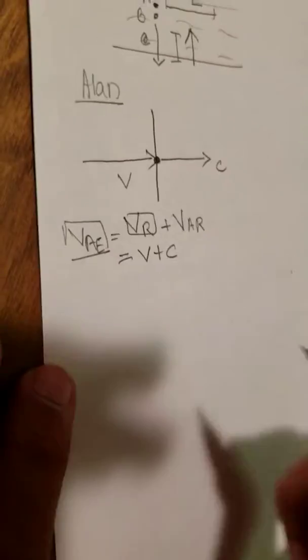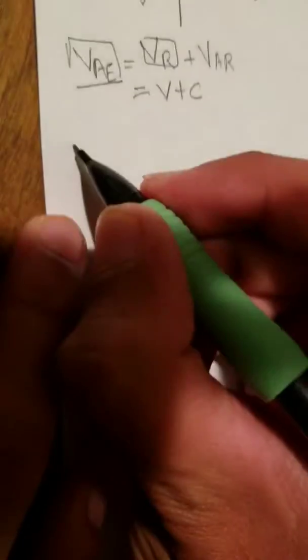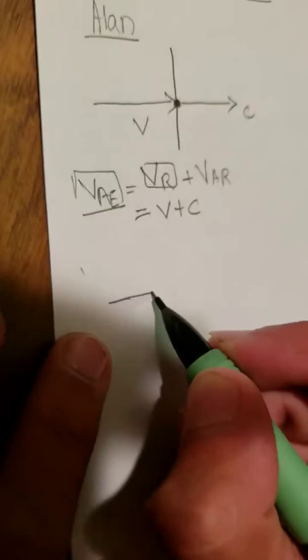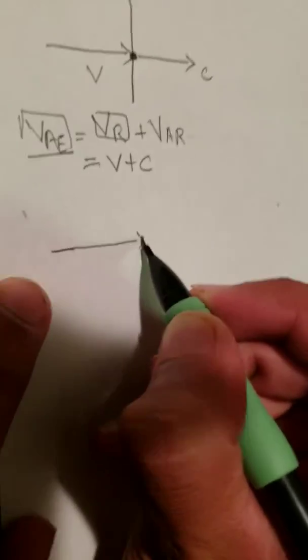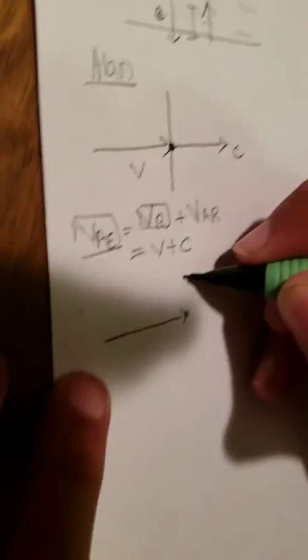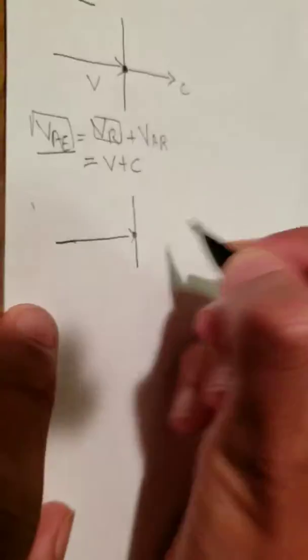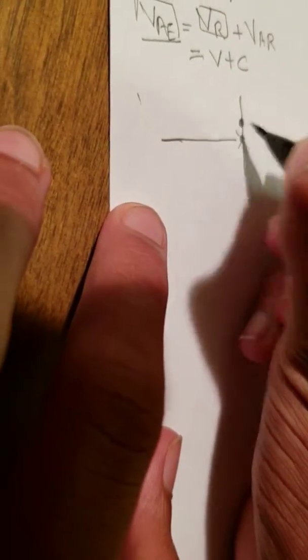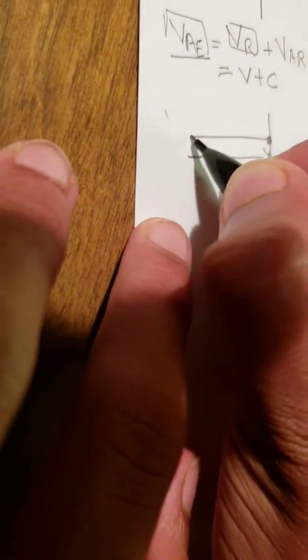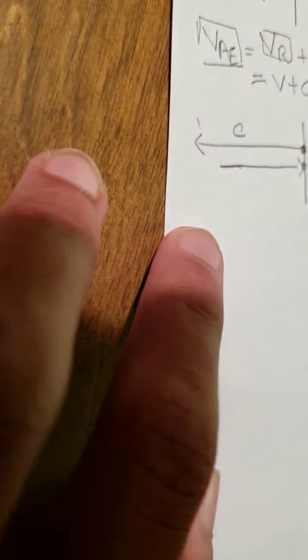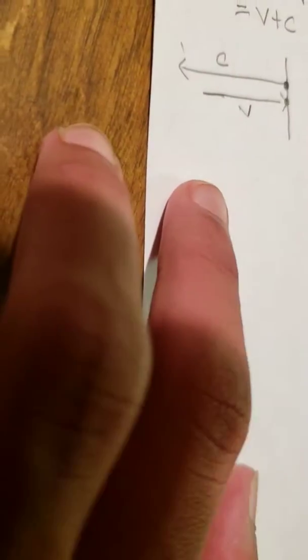Now, when we look at Alan moving upstream, we know that the river's still moving in this direction. However, since Alan is moving to the left, so in this direction this time, her speed is acting in this direction. So this is v, and this is speed of Alan with respect to the river.